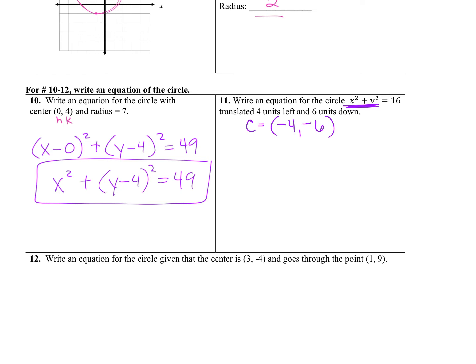So if that's my center, how does it look? X what? Plus 4. Minus a negative 4 is X plus 4 squared. Y plus 6 squared. What's your R squared? 16. That one stays the same because we didn't make the circle bigger or smaller. We just shifted it. We just translated. Okay, it just went to a new spot.